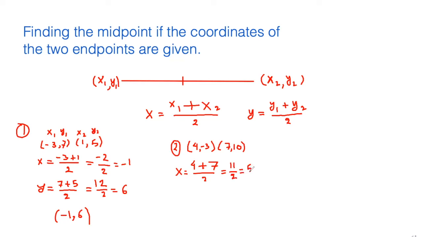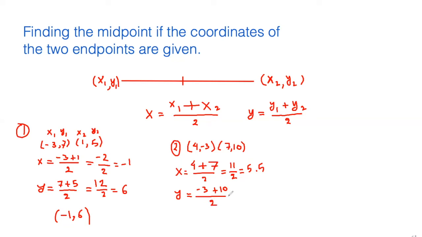Okay. So for y, we do the same thing, plug in y1 and y2, divide by 2. y1 is -3 plus y2 is 10 and divide by 2.